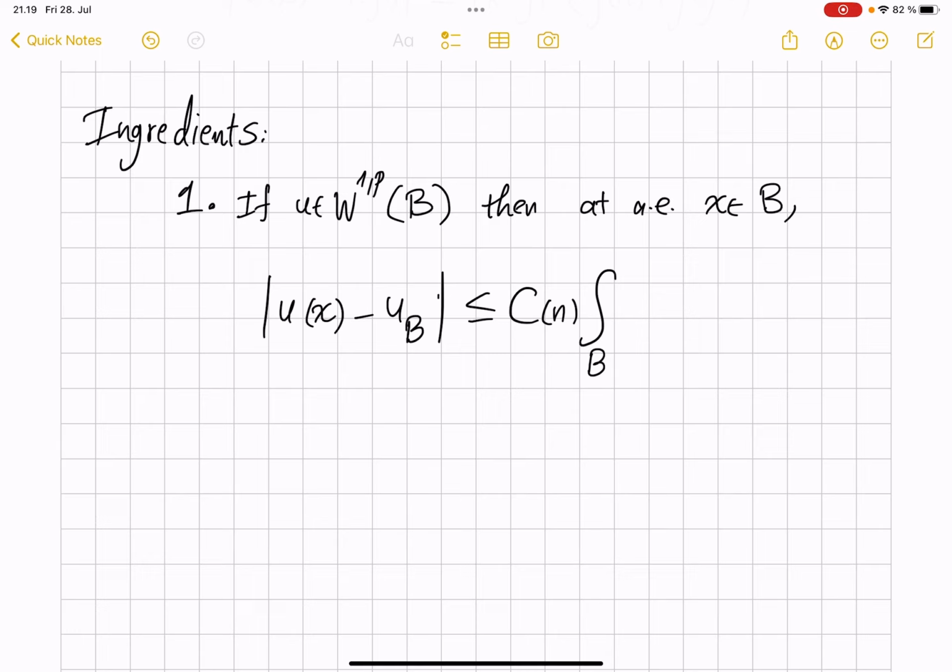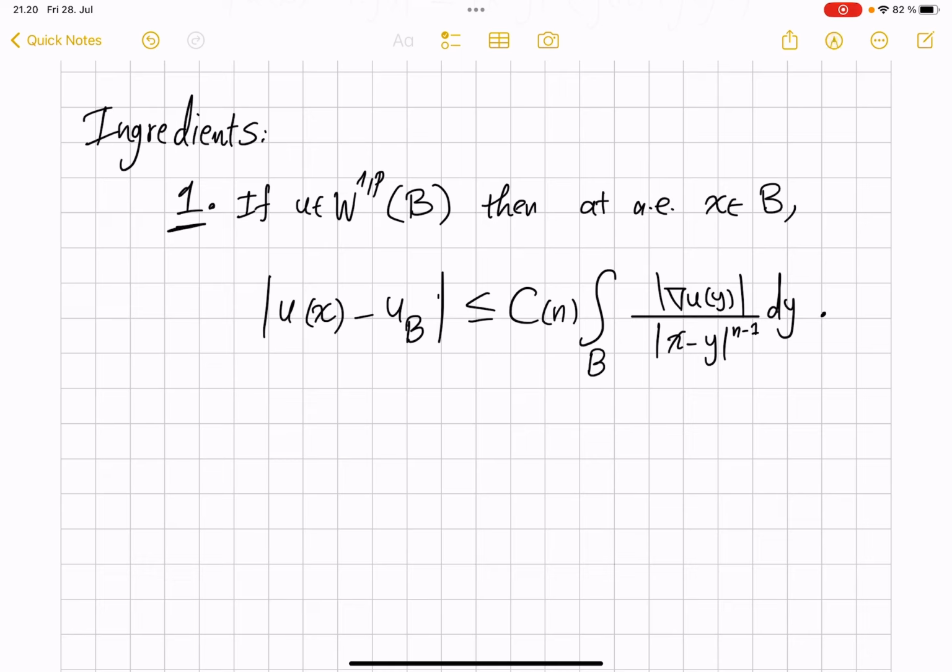And x is of course not the center of the ball, it's just almost every point in the ball. Of this quantity, you take the absolute value of the gradient of u and you want to integrate it. There's this integration parameter y, and |x minus y| appears in the denominator to the power n minus 1. So that is fact number 1.